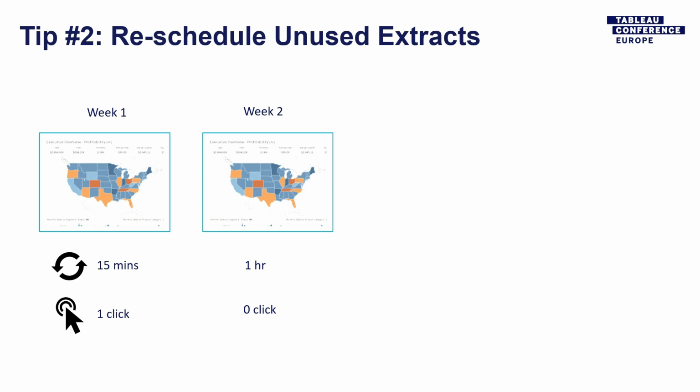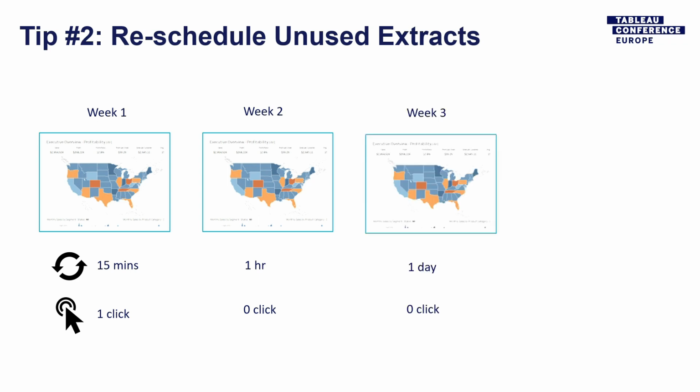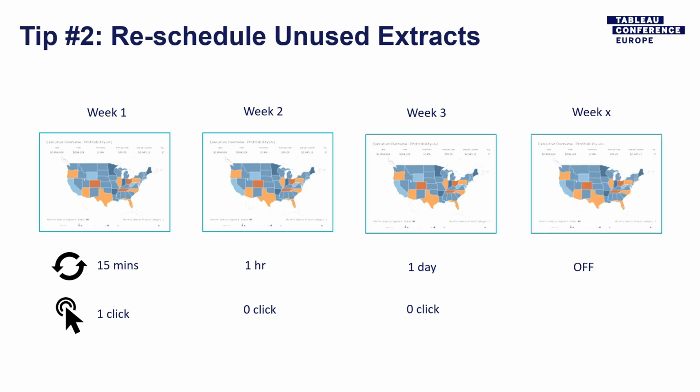Again, another week goes by, no action is taken by any user, nobody looks at this workbook. We reschedule it again to be refreshed only once a day. Eventually we turn this extract refresh off, and if the author still wants to refresh the extract, you can still do it manually: go to the workbook and manually refresh the extract if you want to get the fresh data.